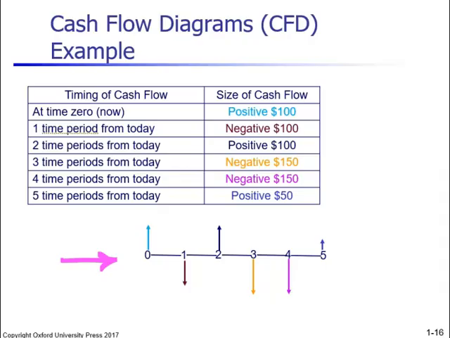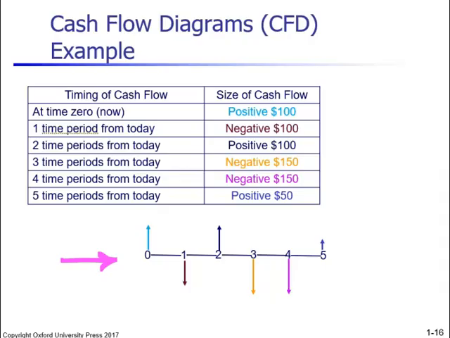This horizontal line that you see shows the time. This vertical arrow that you see shows you the money. The bigger it is, the longer it is, the more the money. If it is upward, it means benefit, the money that you receive.